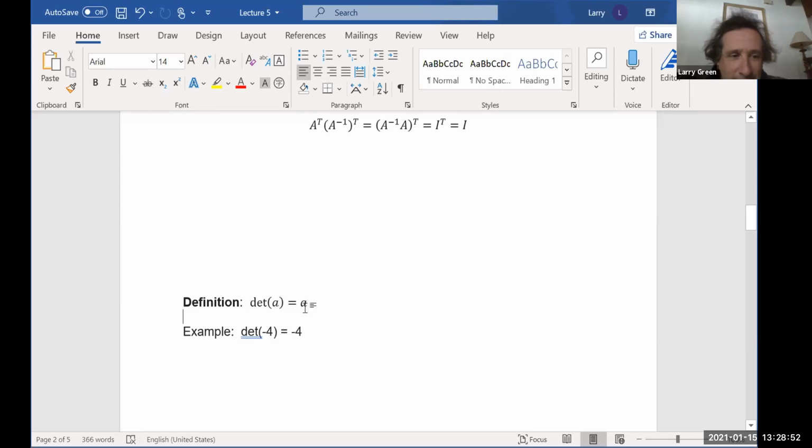In fact, I'm going to write this down. Note the determinant is a function whose domain is the set of square matrices.